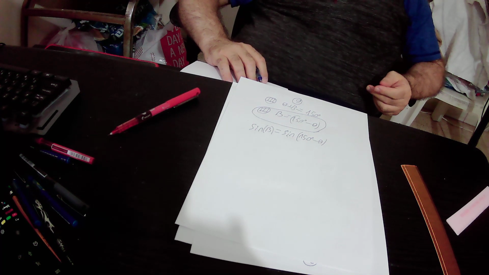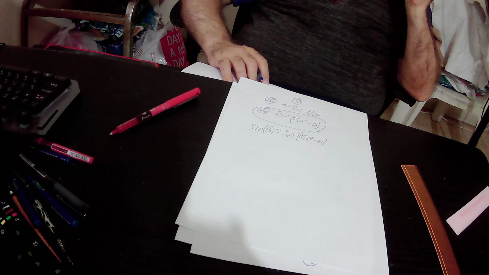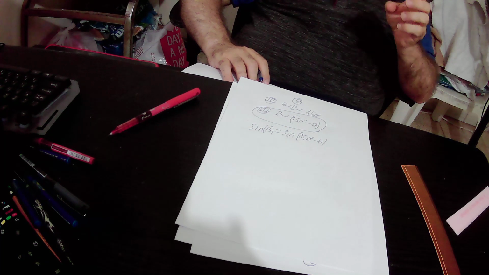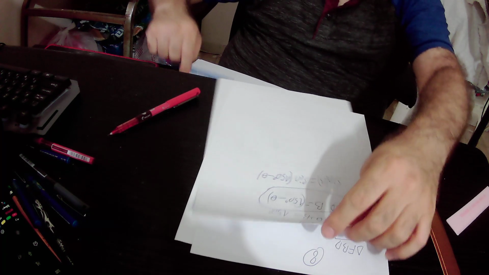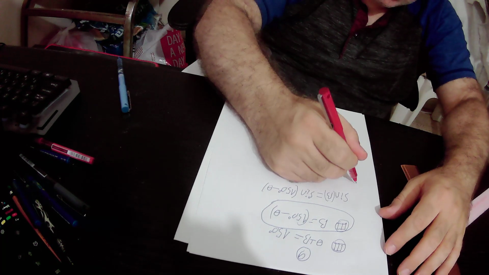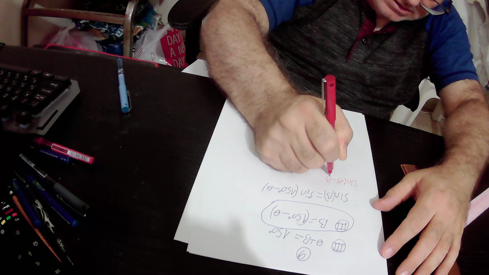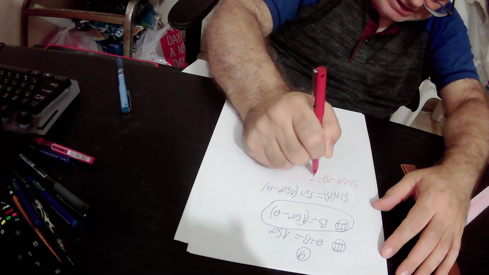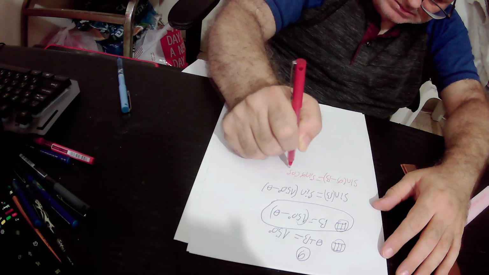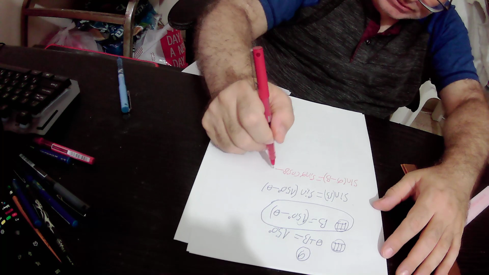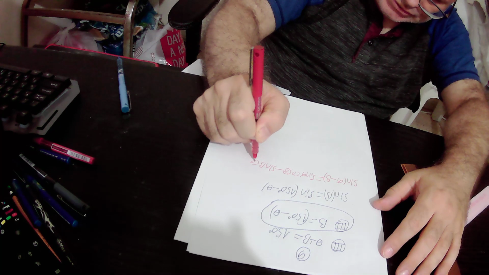So in order to calculate the value of sinus 150 degrees minus theta, we will use the second trigonometric identity of sinus alpha minus beta. The value of sinus alpha minus beta equals sinus alpha times cosinus beta minus sinus beta times cosinus alpha.